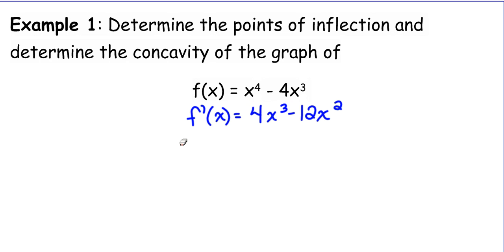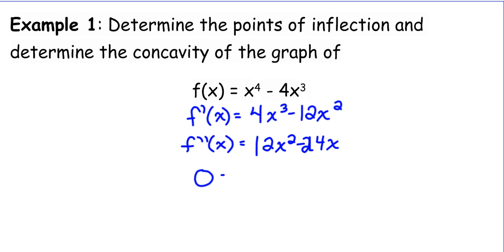But we're trying to determine points of inflection, so we want our second derivative equal to 0. So we are going to find the second derivative. So that gives us 12x squared minus 24x for our second derivative. We set that equal to 0.